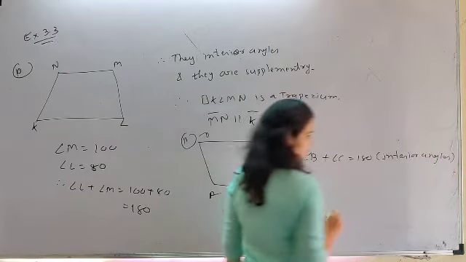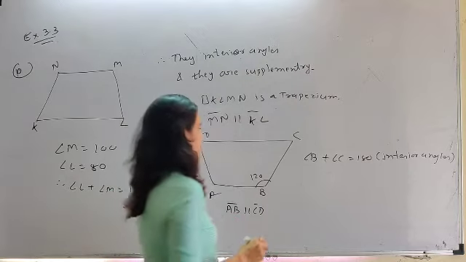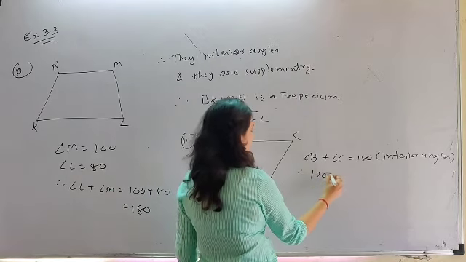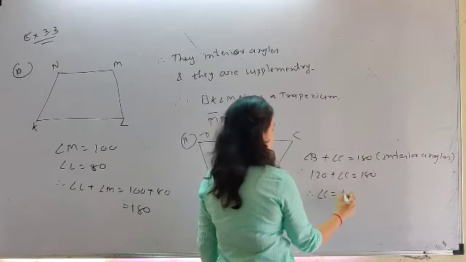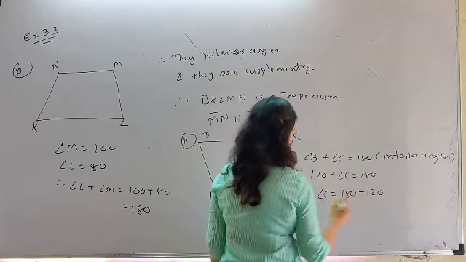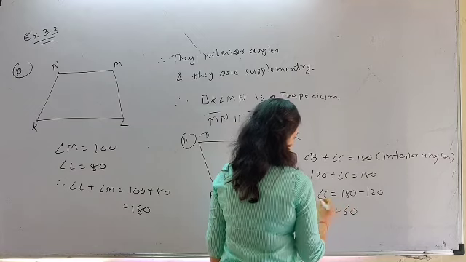Interior angles on the same side of the transversal are supplementary. So angle P is equal to 120 plus angle C is 180. So angle C will be 180 minus 120. Angle C is equal to 60.